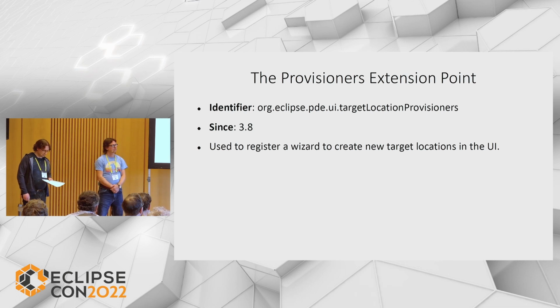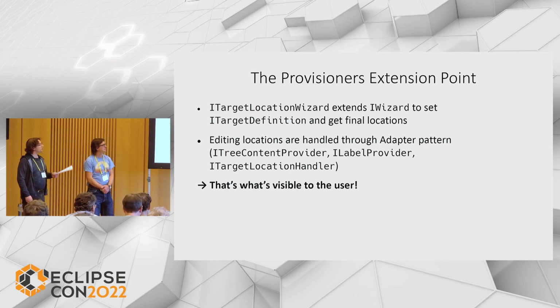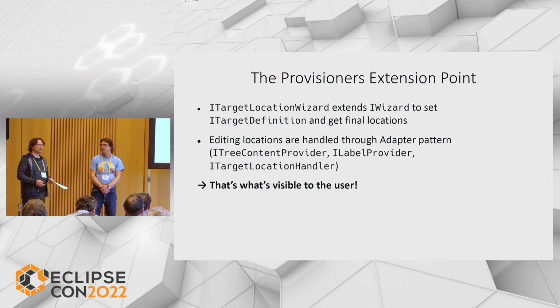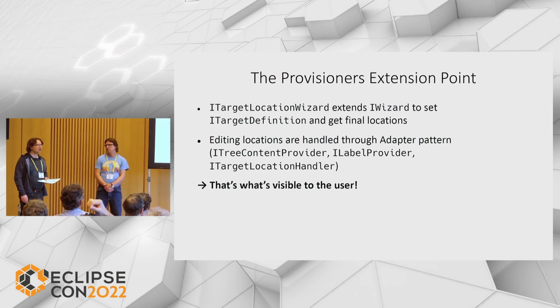Then the UI part. The main task is to integrate with the wizard, where you can add new locations. There you have a target location wizard, where you can access the current target, you can query what locations are already there, and you can edit stuff. With the adapter pattern, you can provide labels and icons, so it looks very nice.